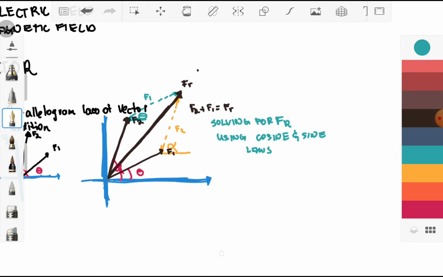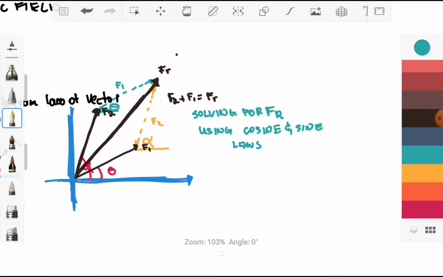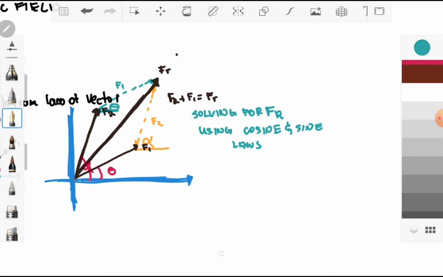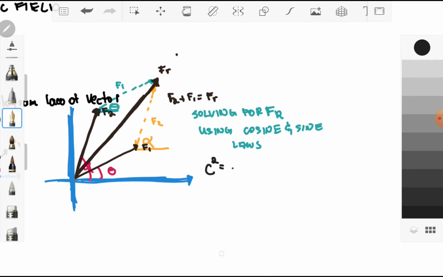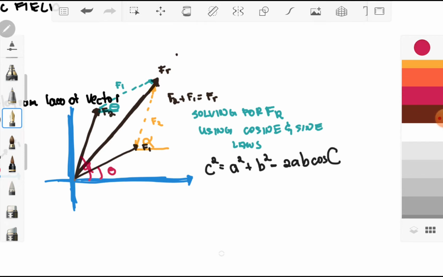If you forgot your cosine law, I will give you some idea of it. The formula for the cosine law is c squared is equal to a squared plus b squared minus 2ab cosine C. So using this example, I will use this triangle.